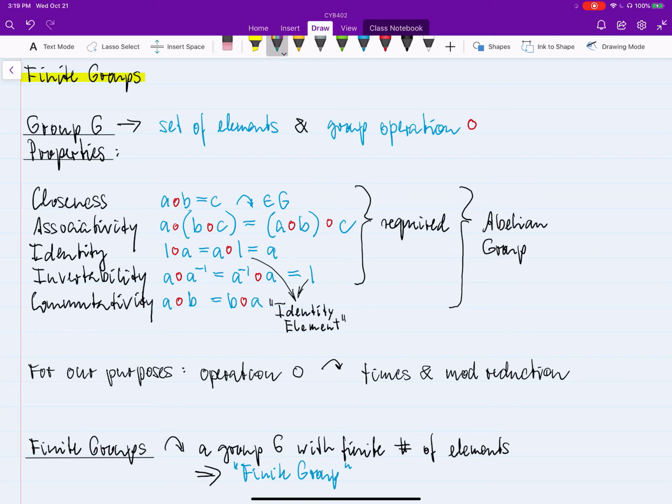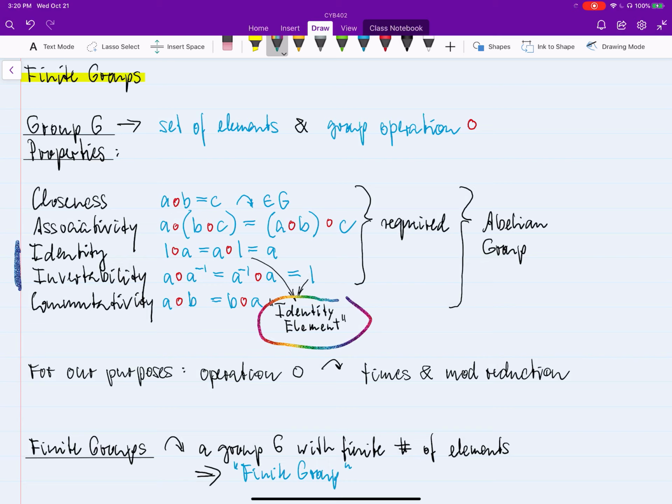So remember that groups need to obey a number of properties. First off, if we apply the donut operation to a pair of elements of the group, the result also needs to be in the group, and this is what we call closure. Associativity is not that interesting for us, but identity and invertibility are again very interesting. So in a group, we have an element that we call the identity element.